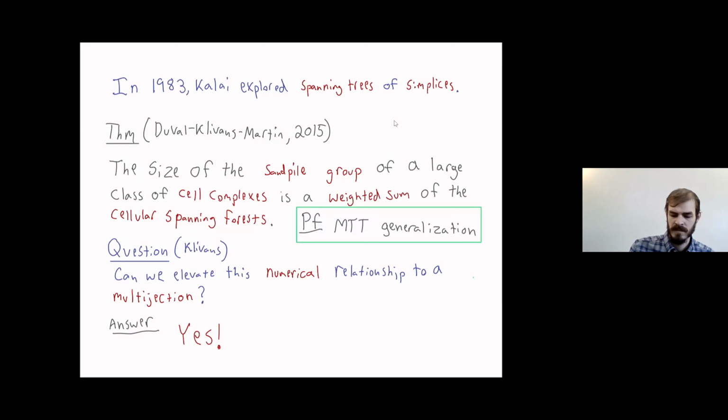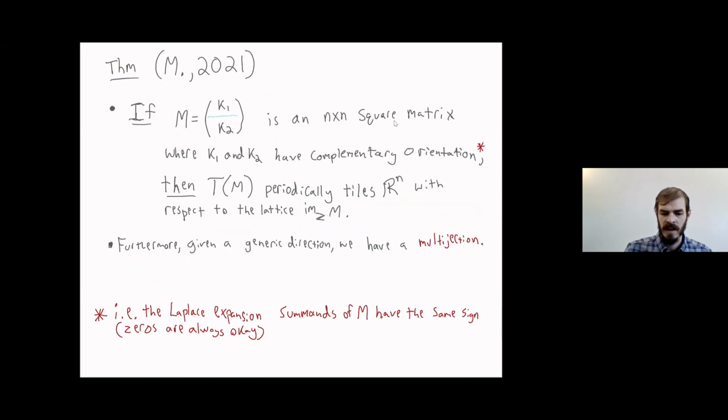So what is the theorem? If we start with an n by n square matrix, where these two submatrices have complementary orientation, which I'll talk more about, but for now, it means the summands have the same sign, then this tile is going to periodically tile R^n with respect to our lattice.